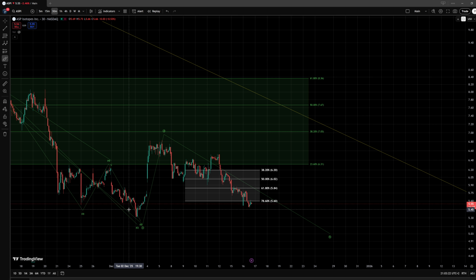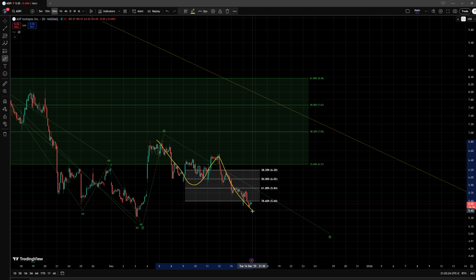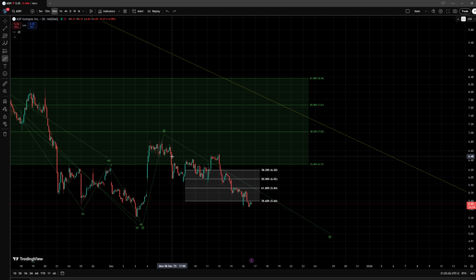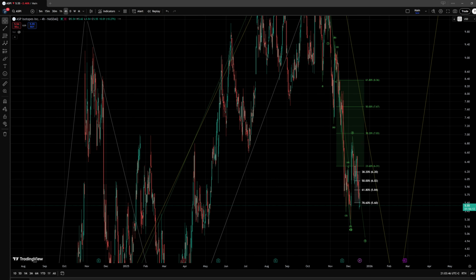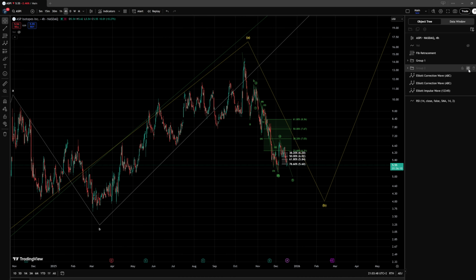It could still work out. We have a corrective pattern going on within this area, and yeah, right now I won't be making any bets. But for me, it is not an interesting area. Yeah, maybe if we form the bottom here in the 5th wave, we could be looking with some more interest. But right now, yeah, it's not really the case. Not for me anyway. And for now, these are the levels. This is the trade setup.